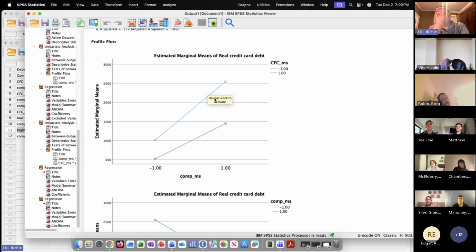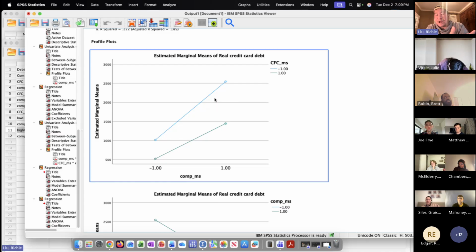Okay, in this case, you can interpret it a lot of different ways. You could have interpreted that high CFC was not significant, essentially no difference in debt across compulsive buying tendencies. Some people focus just on the low.